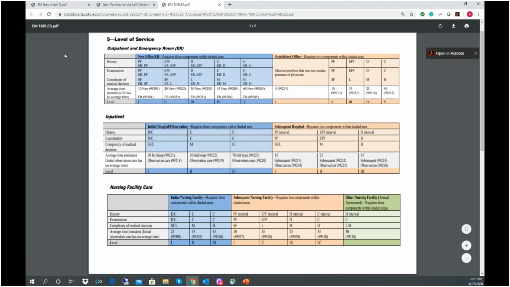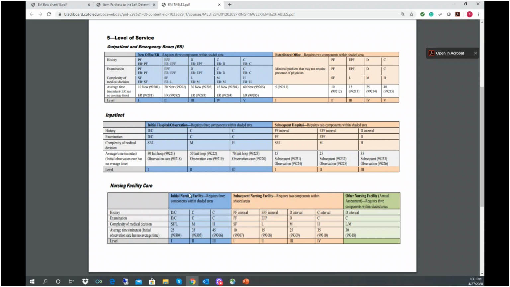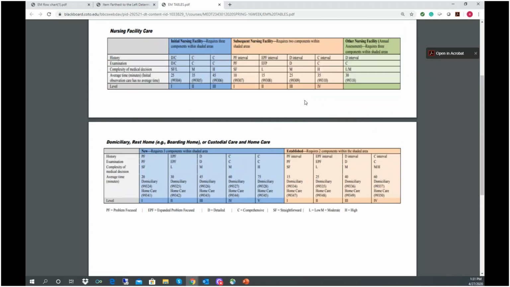So there are 5 levels of services. We have outpatient and emergency room, inpatient, nursing facility, as well as domiciliary, rest homes, and/or custodial care and home care.